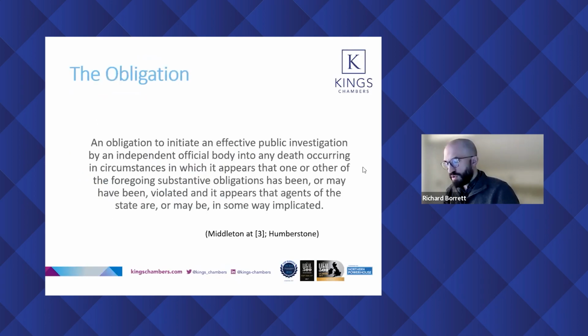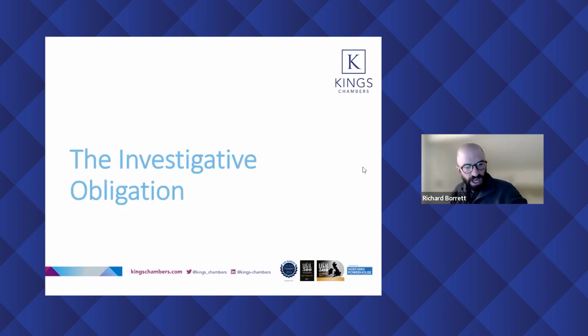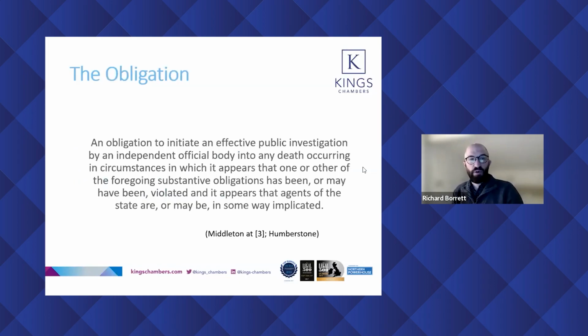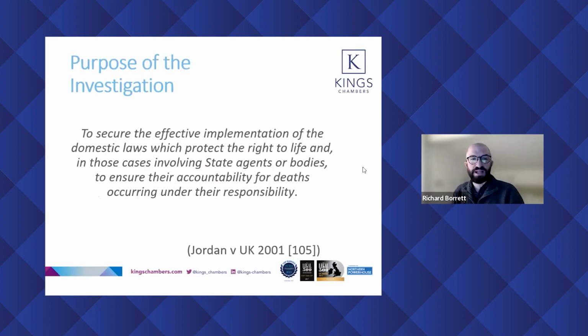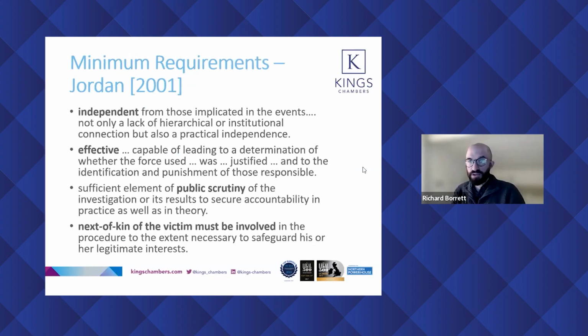So why does it matter? If we say Article 2 is engaged, what difference does it make? Well, this is the investigative obligation, and the purpose of it is to secure the implementation of the domestic laws. If Article 2 is engaged, there are certain minimum requirements the inquest process has to follow. Normally, the process is done by the inquest, but it isn't always.